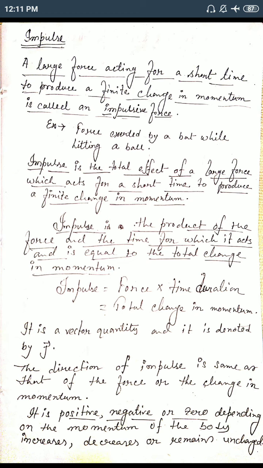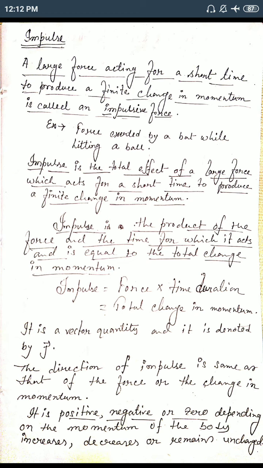So we can say that impulse equals force into time duration, which equals the total change in momentum. Why time duration? Because it acts for a very short time. Force into time duration, and the effect is the total change in momentum. Mathematically, impulse is the product of the force and the time for which it acts, and it is equal to the total change in momentum.